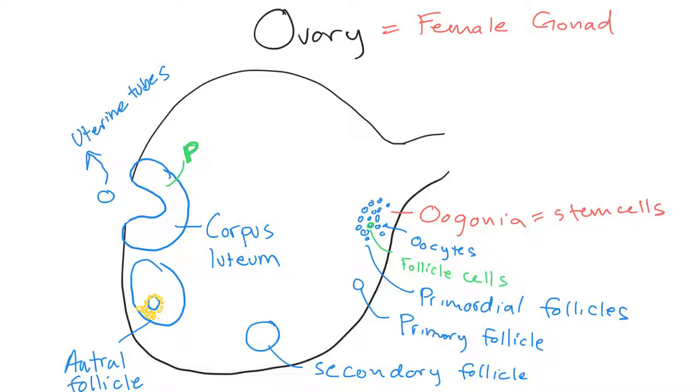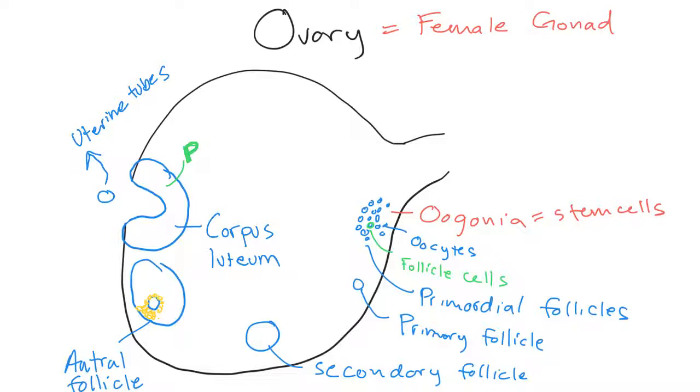All right, so that's the ovary. At this point, pregnancy or fertilization can occur, and pregnancy would occur later.